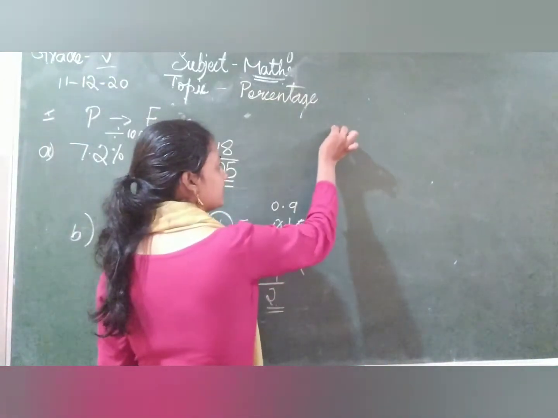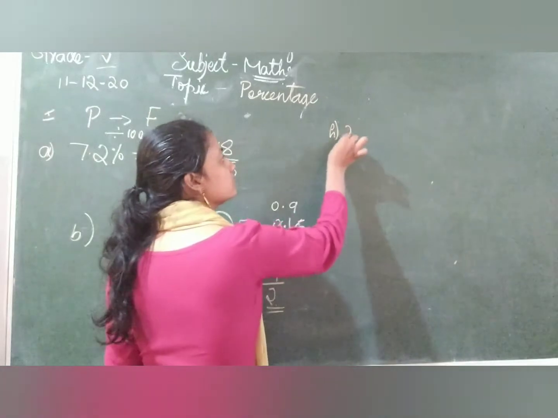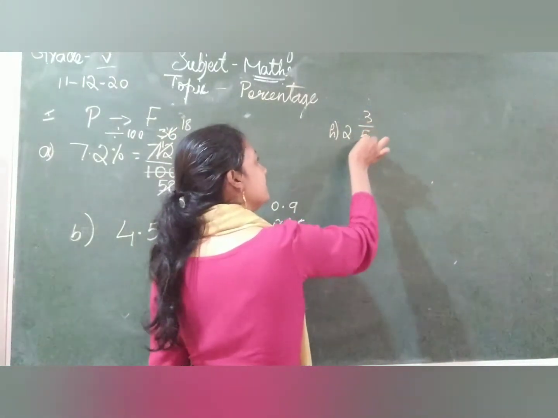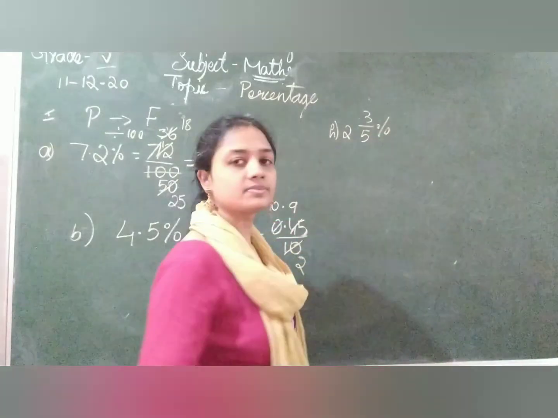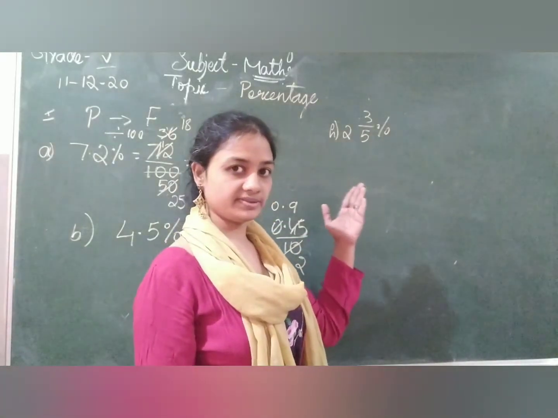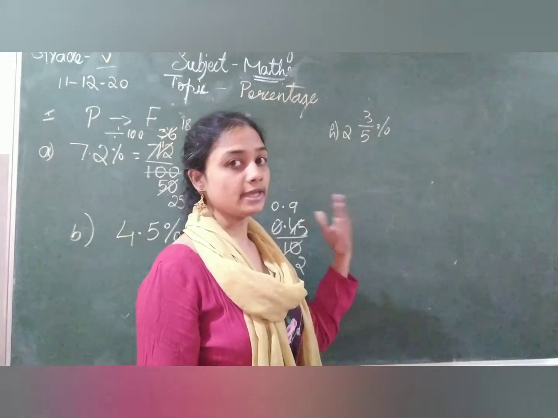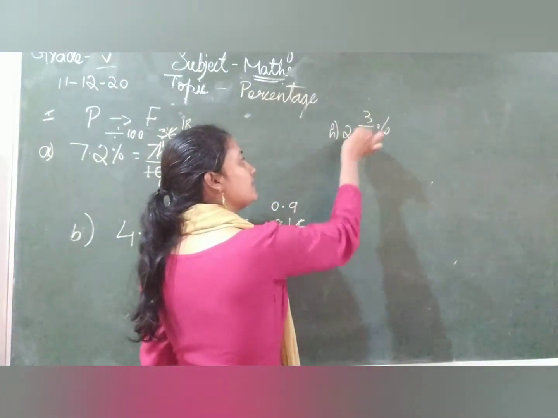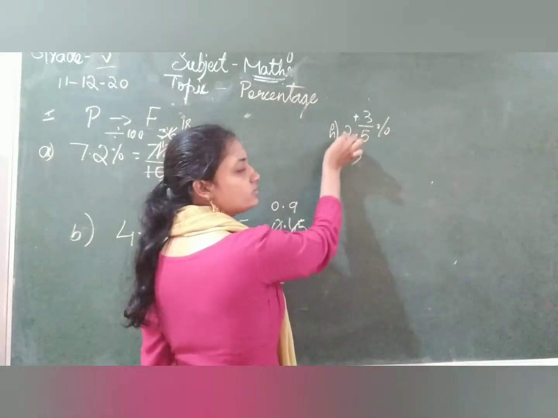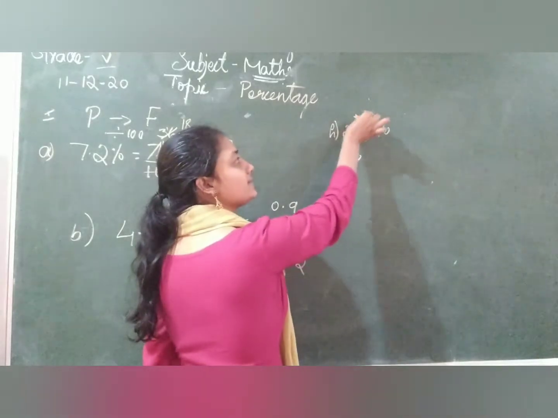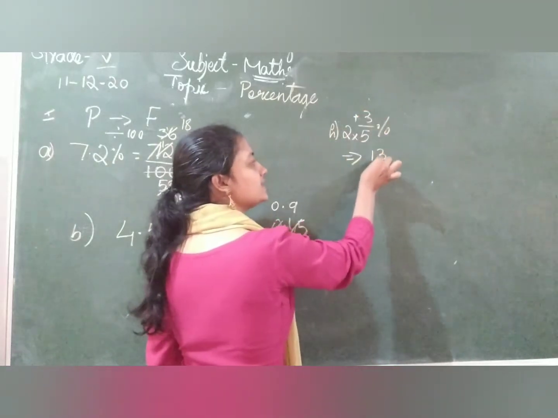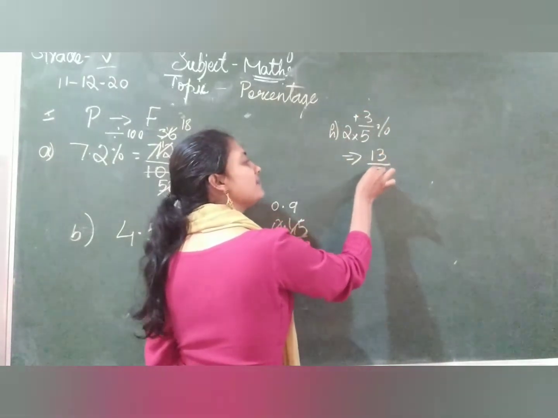How to convert that? 2 3 by 5%. So what I should do first is convert to an improper fraction. Multiply, add. 5 twos are 10, 10 plus 3, 13. 13 by 5.